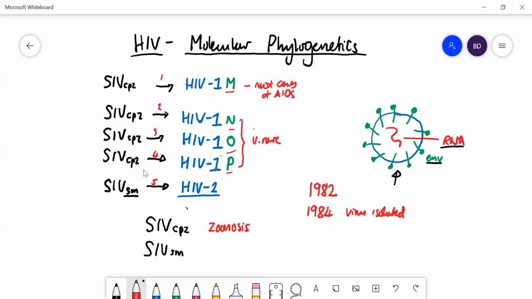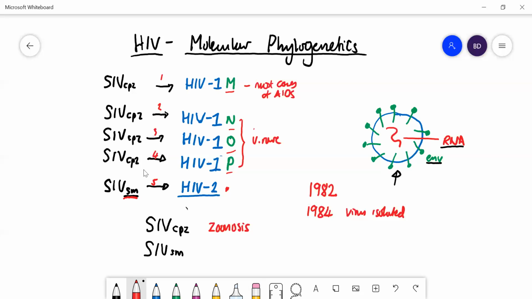This one here, HIV-2, is slightly more different. It didn't come from the chimpanzee virus. It came from the monkey virus. HIV-2 is only found in Sierra Leone and Ivory Coast, I believe. It's not such a severe disease as HIV-1, and it's largely located in that area of the world.